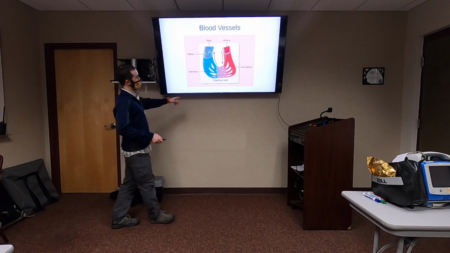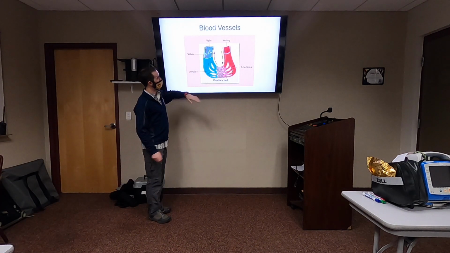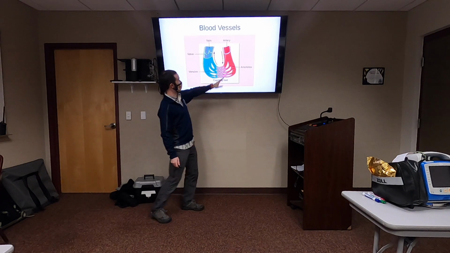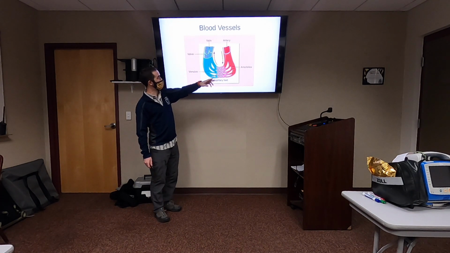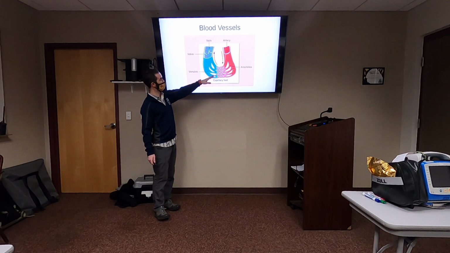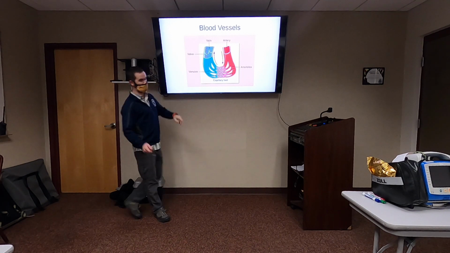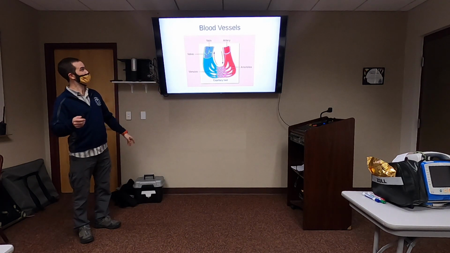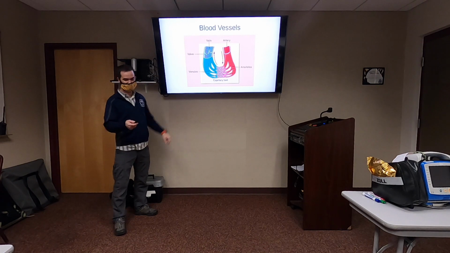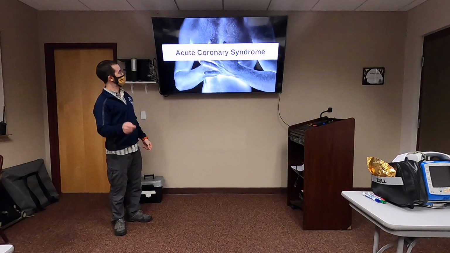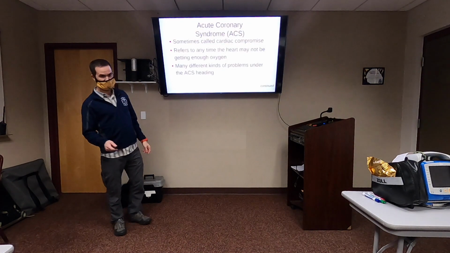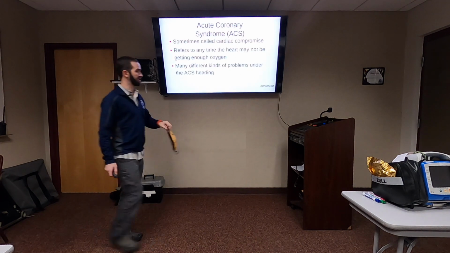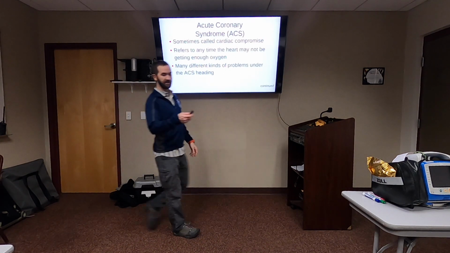Okay, I think we've seen this exact slide before, but when blood is getting out to the body, coming from the heart through your arteries, out to the capillary bed, returning through the veins that have valves in them. Okay, so let's start talking about what can go wrong here.